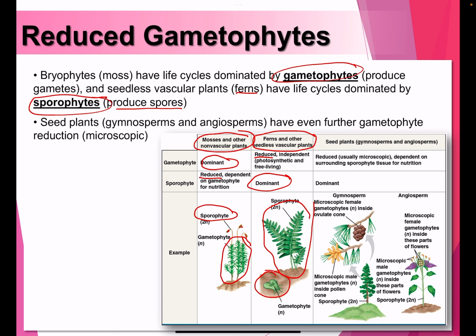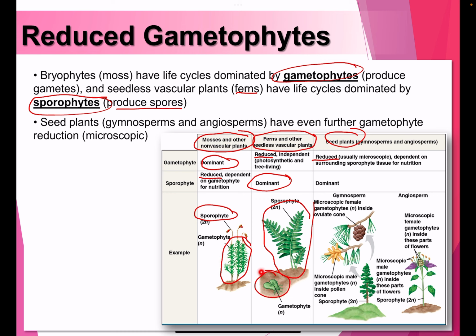And then lastly, in this chapter where we talk about seed plants, the gametophytes reduce even further such that they are now microscopic and they always depend on surrounding sporophyte tissue for nutrition. Now, surrounding means that these gametophytes are actually embedded within the sporophyte itself, so they don't need to be dispersed like this or attached like this.